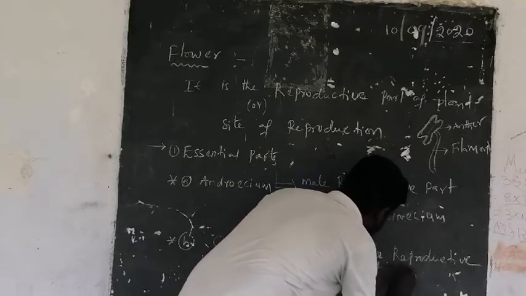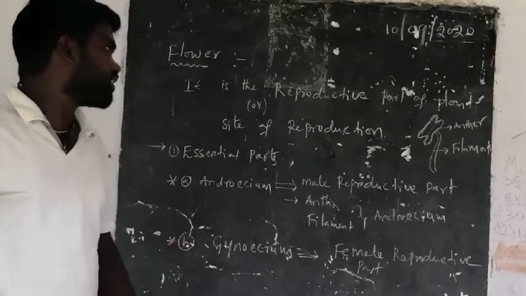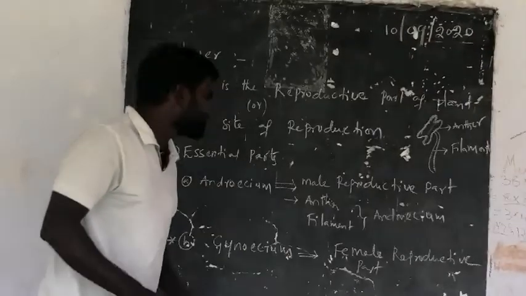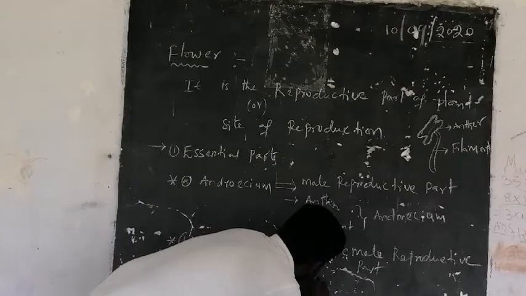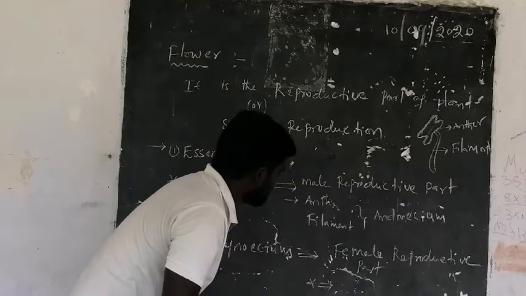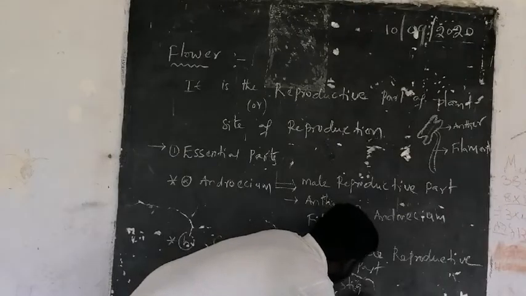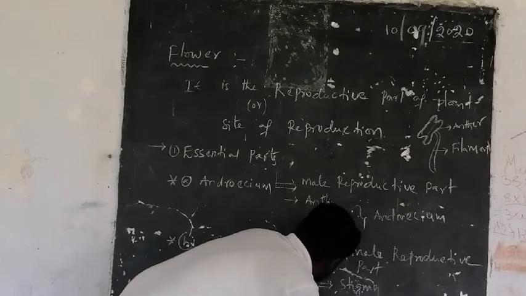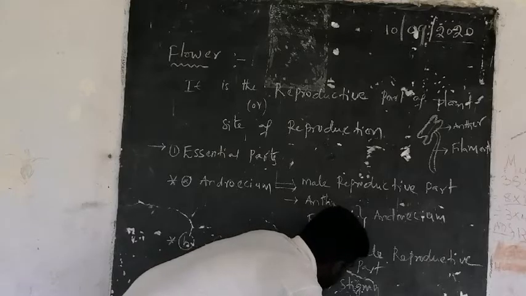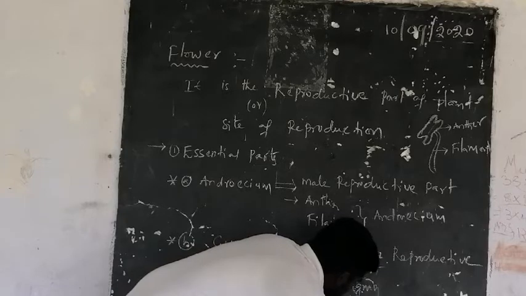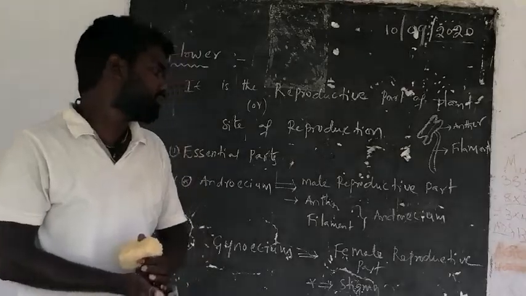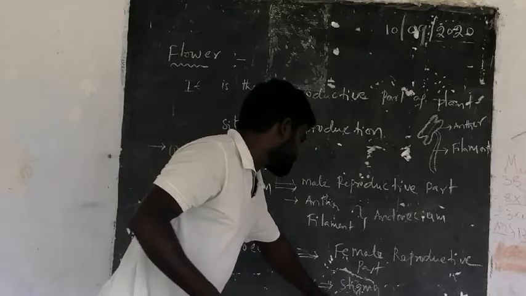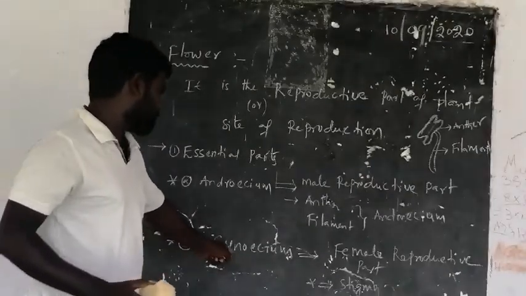This gynoecium consists of three parts. What are those three parts of gynoecium? Stigma, style, and ovary. These three are nothing but the gynoecium or female reproductive part.